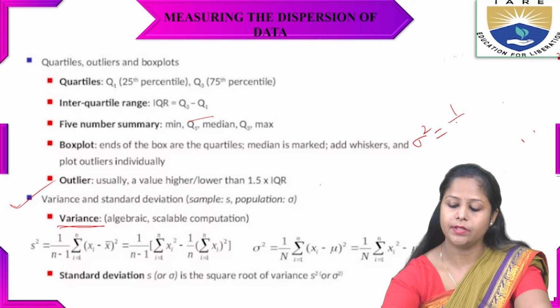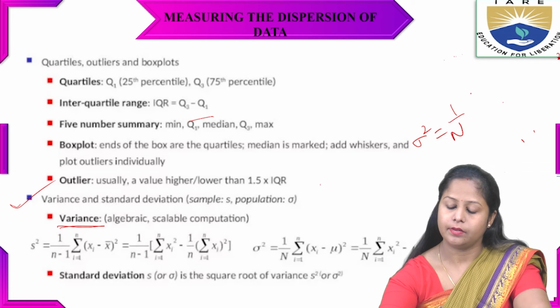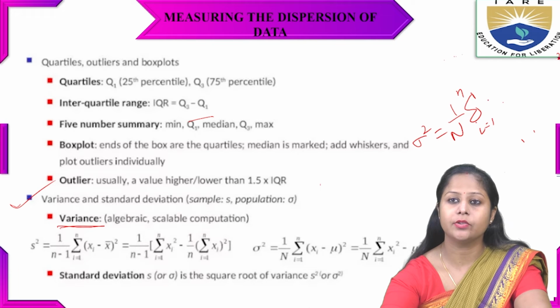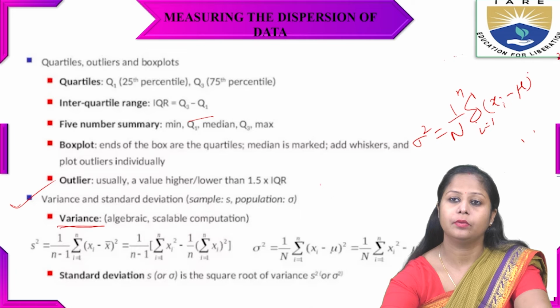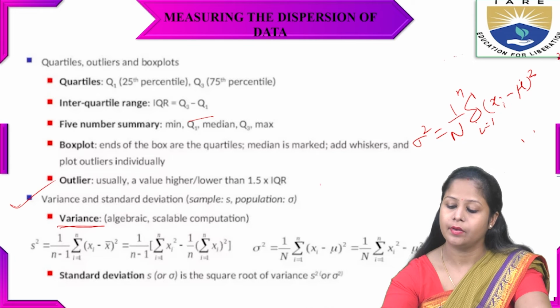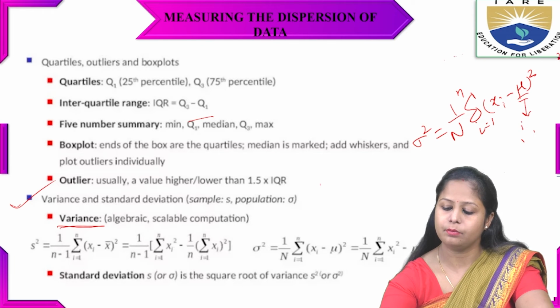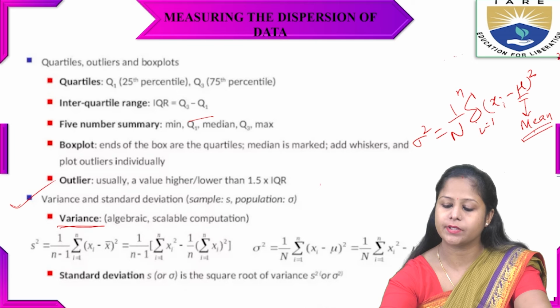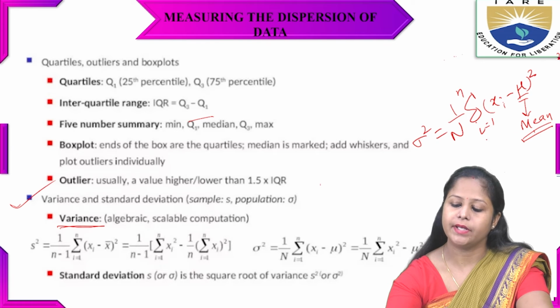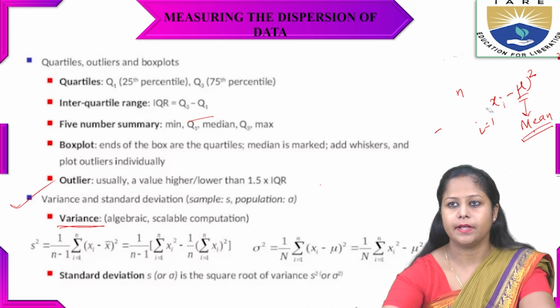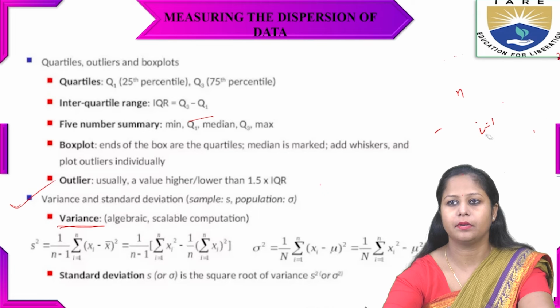The formula is 1 upon n, summation from i equals 1 to n, of xi minus mu, whole square. What is mu? That is the mean of the data. We first need to calculate the mean of the data, and then calculate the variance for the data set, for the population and sample.